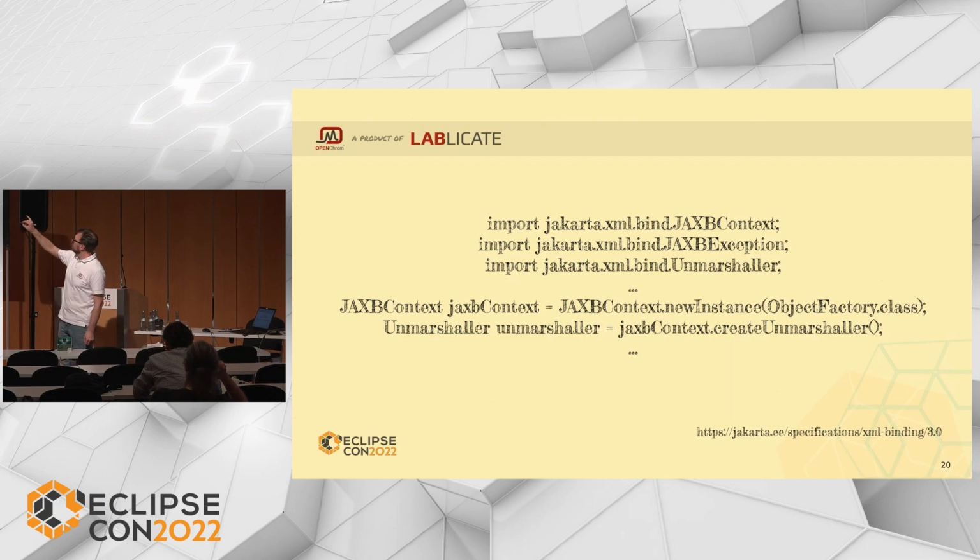Everywhere where you had Java XML before, it's now Jakarta XML. So javax.xml.bind JAXBContext is now jakarta.xml.bind JAXBContext, and so on. The same with the exceptions, like UnmarshalException, and you see it here in the line.